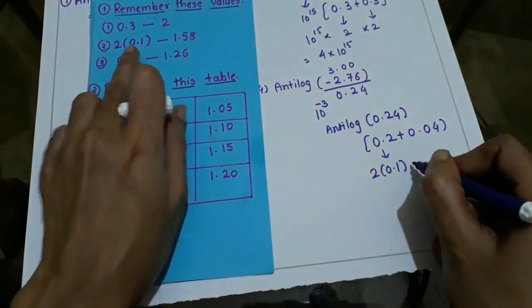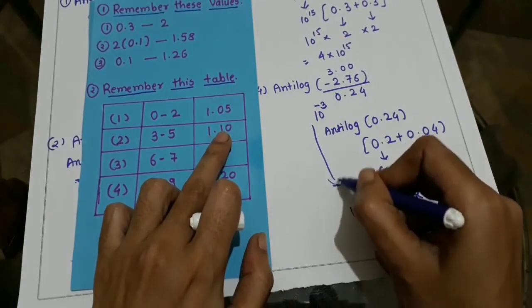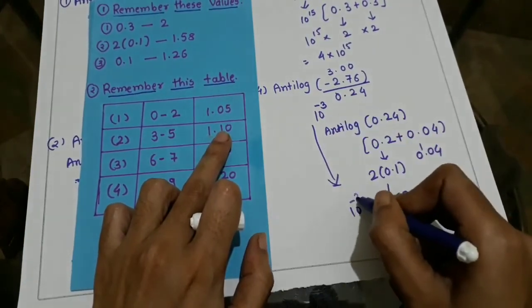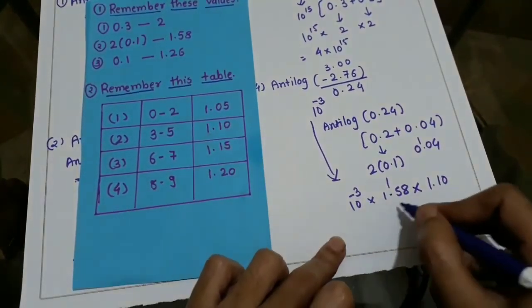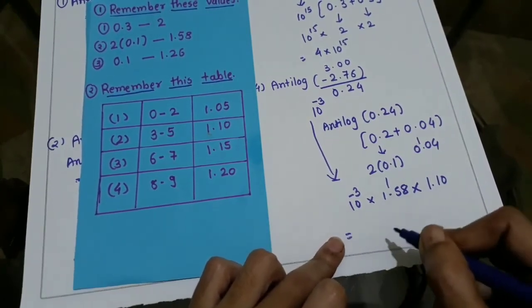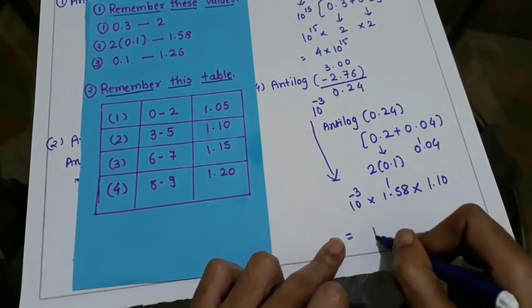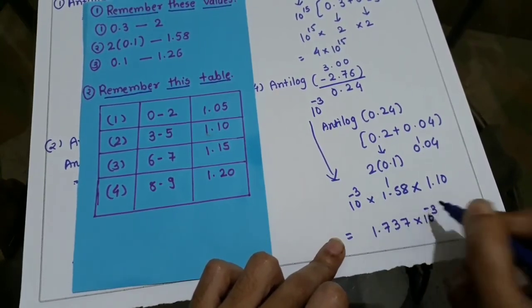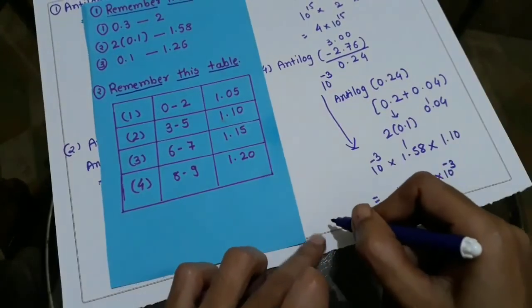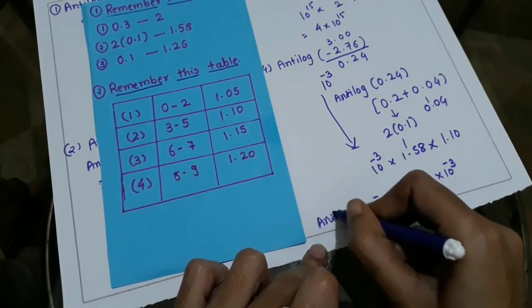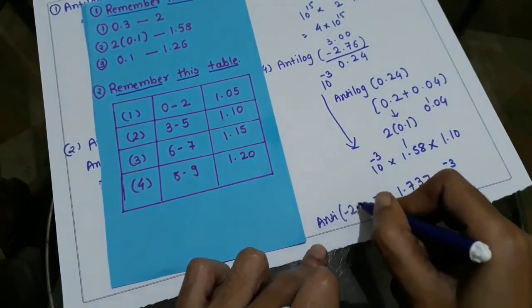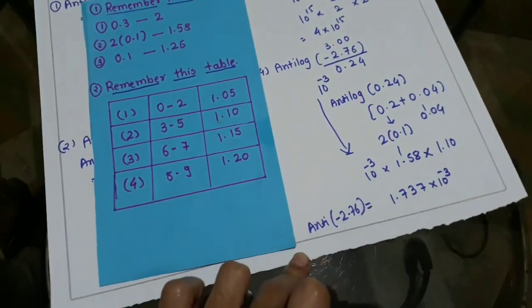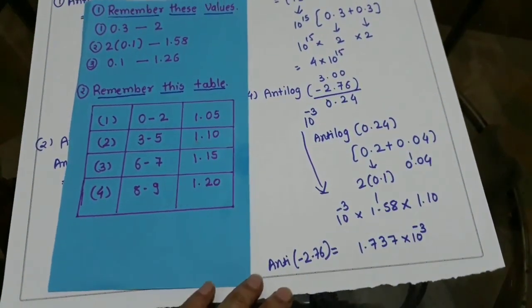The 10 raised to minus 3 will come over here. We multiply these numbers and we get the answer 1.737 into 10 raised to minus 3. This is the answer for the antilog of minus 2.76. In this way we can find out the antilog of numbers.